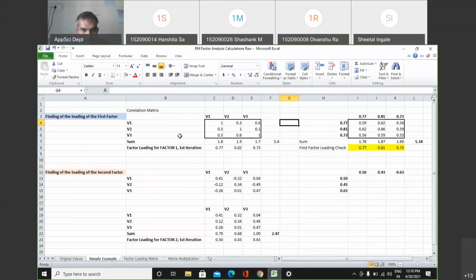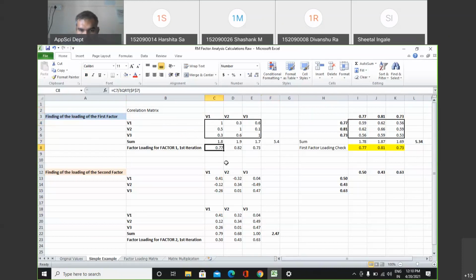So what we do is we start with the correlation matrix. This is a very simple example of three variables, which actually does not require factor analysis, but for the example of the calculations, we are considering this. So this is the correlation matrix. We have added all these correlations under one variable, and then taken the sum of all these sums.